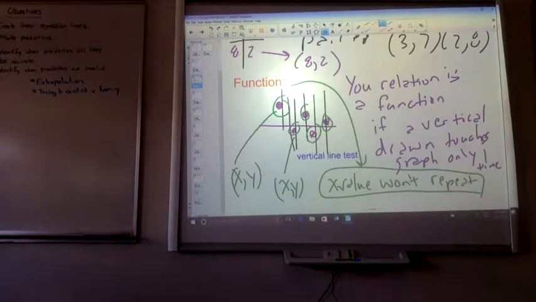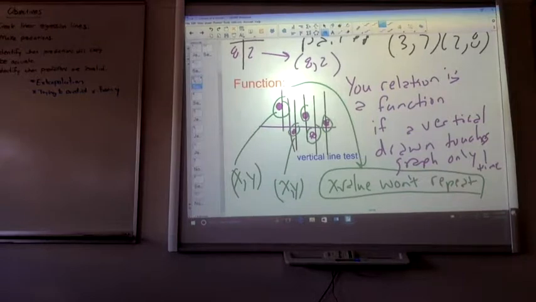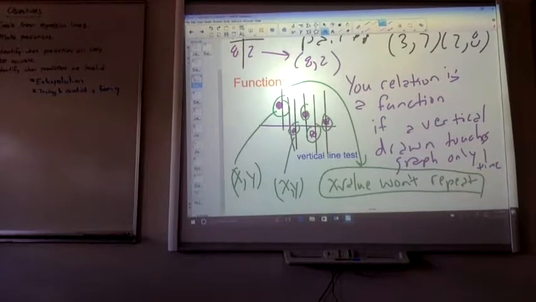So if I drew a circle on a graph, is a circle a function? By what I've just talked about, will a circle pass the vertical line test? No. A circle, the vertical line could touch it once, you could kiss it, but it could touch it twice on circles. Okay?